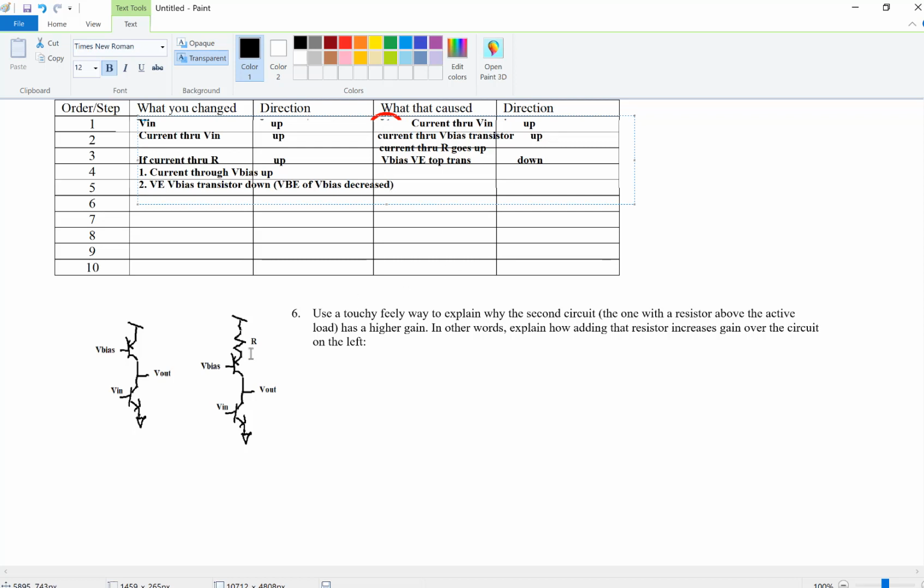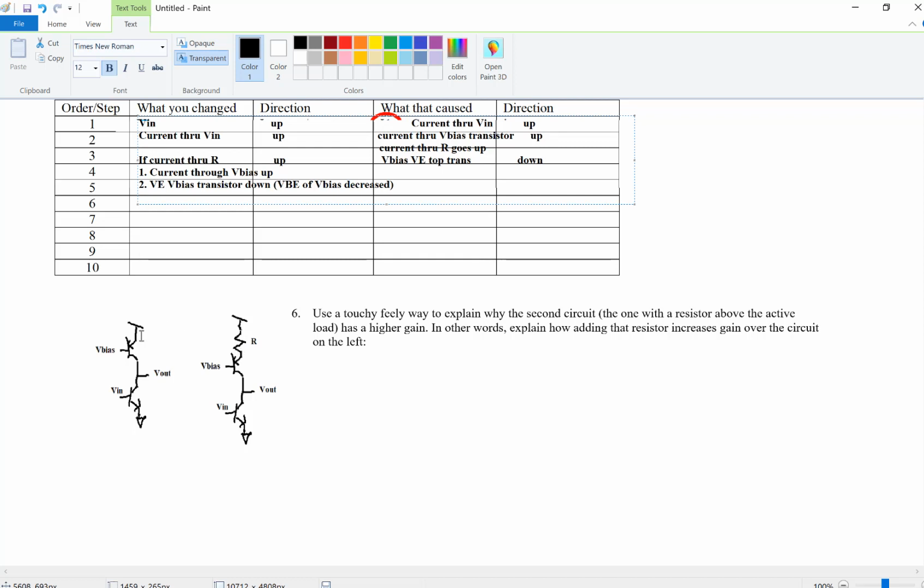So this node, the emitter voltage went down because the current went up, which decreases VBE, but the current through the transistor went up. So again, you have VBE going down, but the current going up, and this transistor says, wow, I got to accommodate that new current. My VBE went down, so I have to change my VCE even more than I did before.